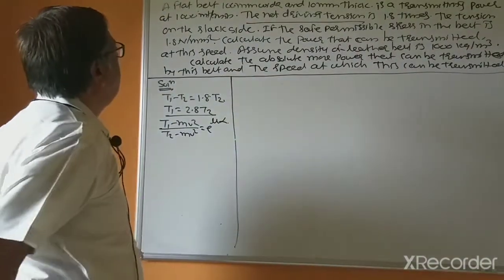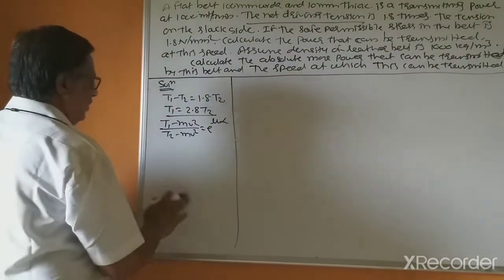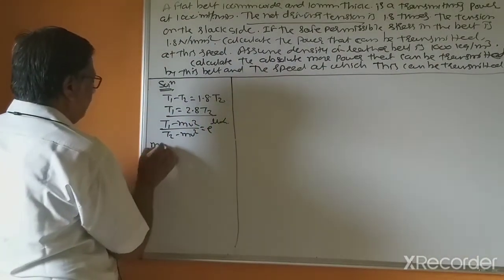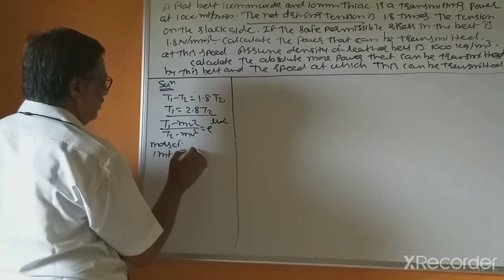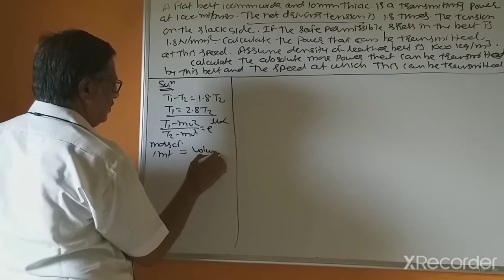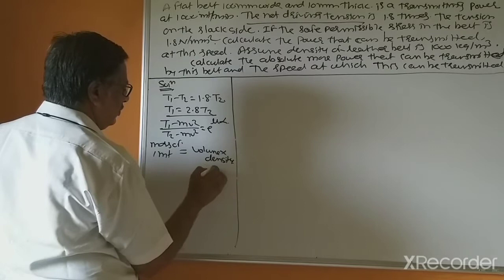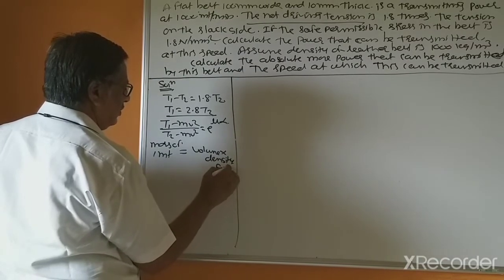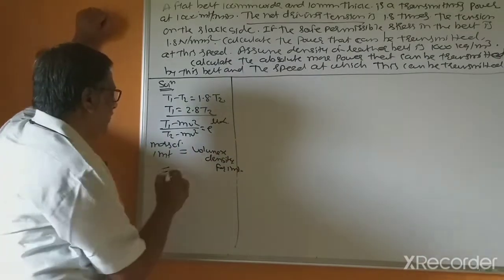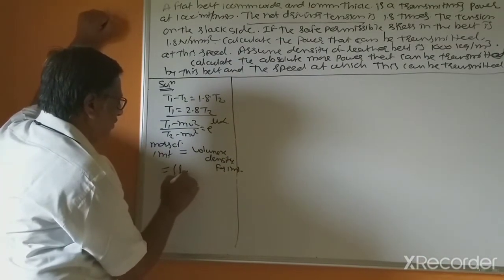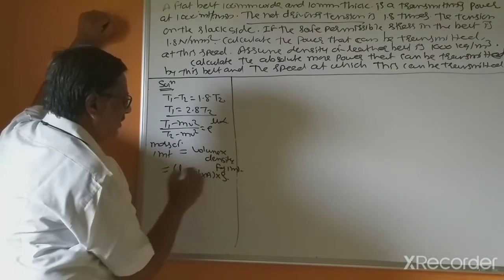A flat belt 100 mm wide. So first we'll calculate mass. Mass of 1 meter equal to volume multiplied by density. For 1 meter length, area multiplied by density.